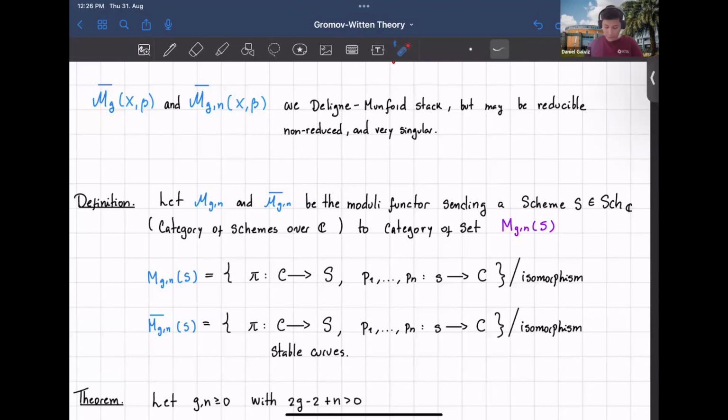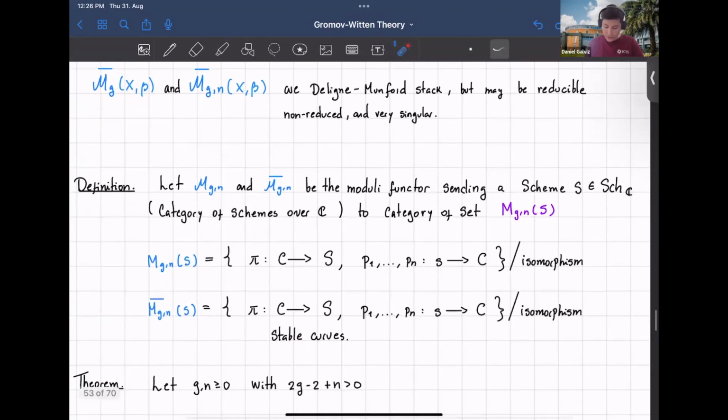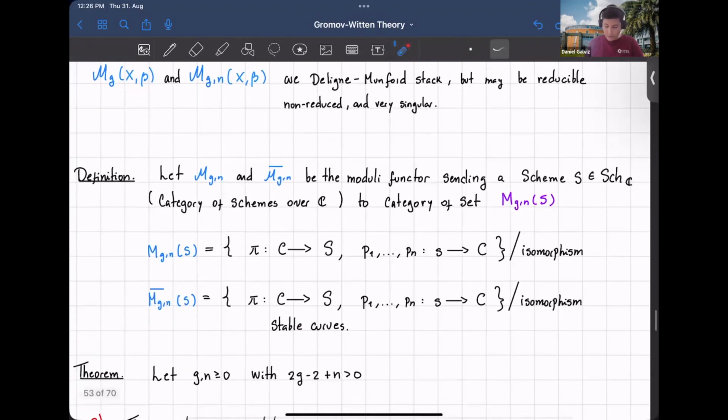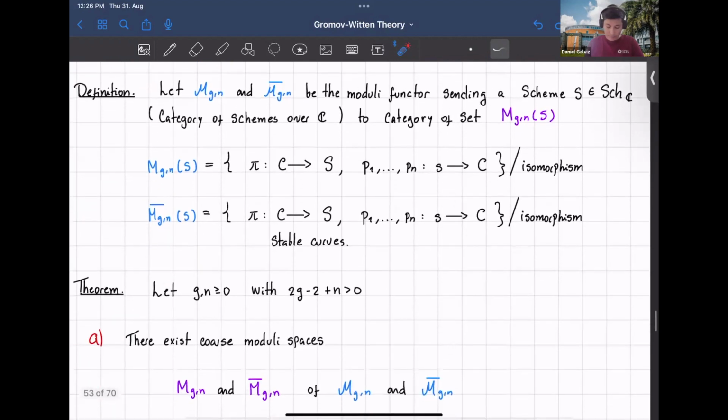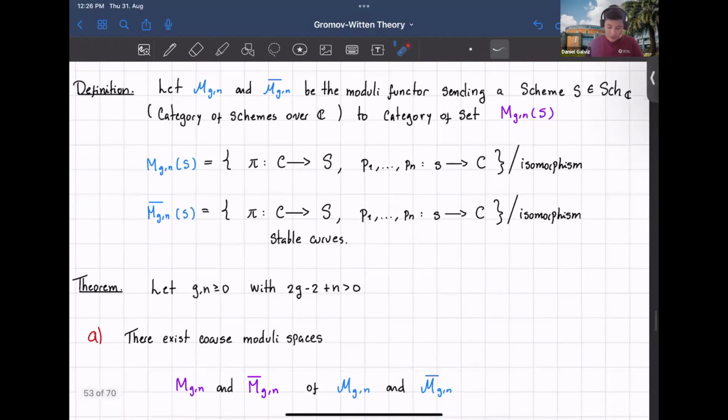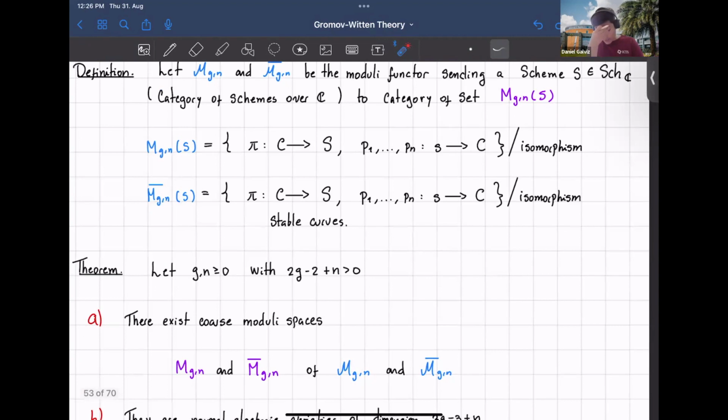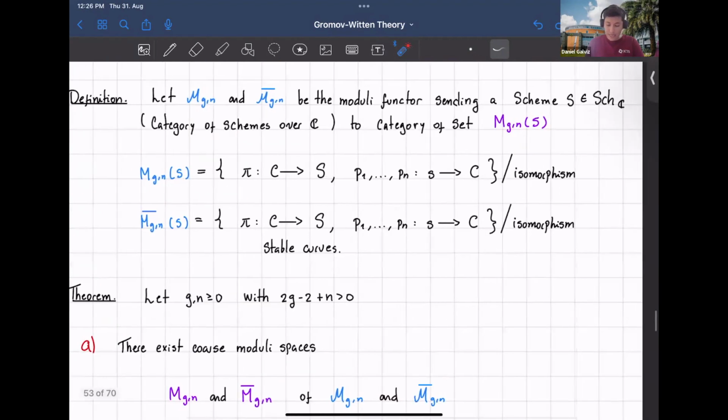And the same for the compact case: it will describe the stable curves, these two families, and we keep it up to isomorphisms. So for example, let's give a theorem where I state these definitions, because here I'm just defining what the elements of this set are.